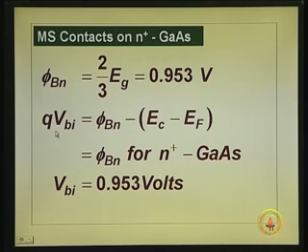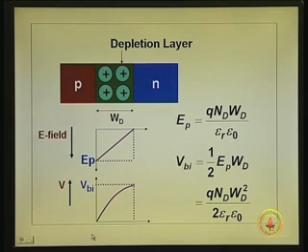Now, from the diagram we have seen that QVBI is equal to phi Bn minus (Ec minus Ef), where Ec is the conduction band edge, Ef is the Fermi level, and in the heavily doped semiconductor, Ec minus Ef is extremely small and can be said to be almost equal to 0. Therefore, QVBI will be equal to phi Bn minus 0, which is equal to phi Bn for n plus gallium arsenide. So, therefore, VBI is equal to 0.953 volt.